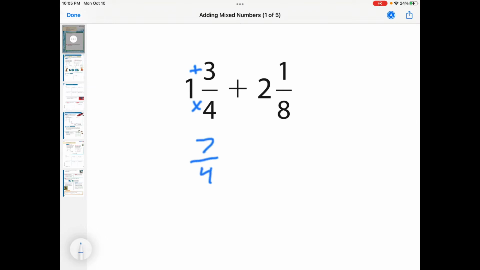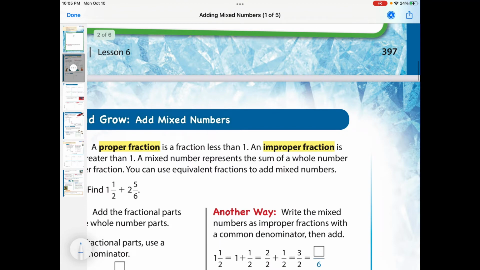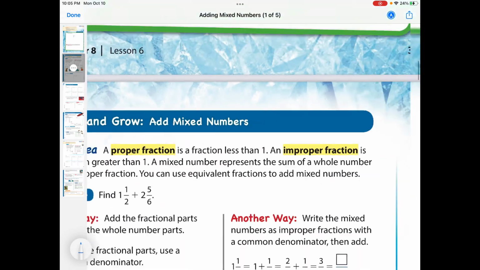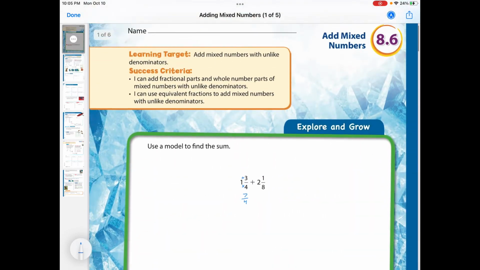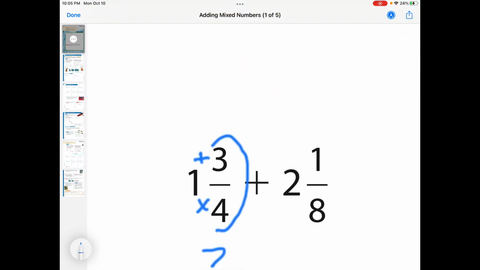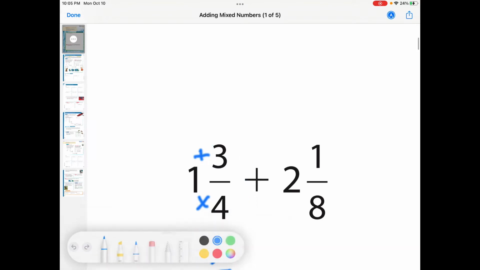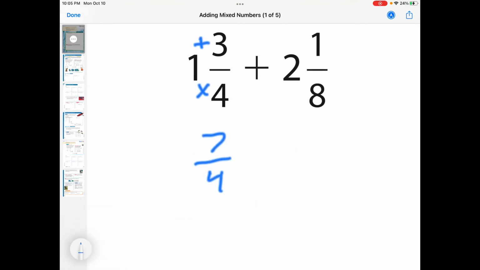Now, when it comes down to these definitions that we were learning just here, a proper fraction is less than 1. Well, when we started off here, this right here was our proper fraction, okay? But after we multiplied the 4 times 1 plus 3, that gave us an improper fraction.